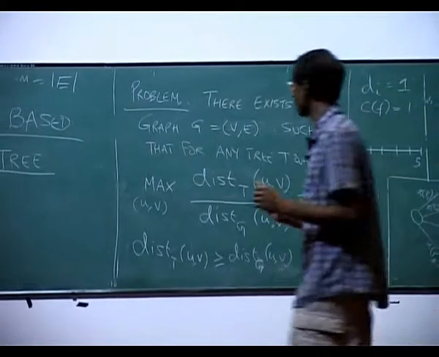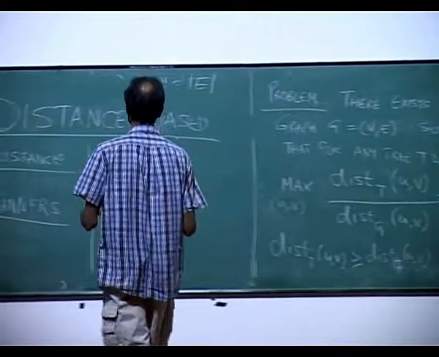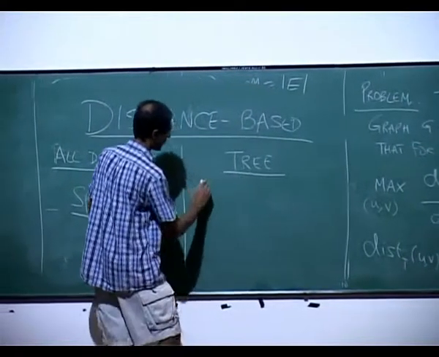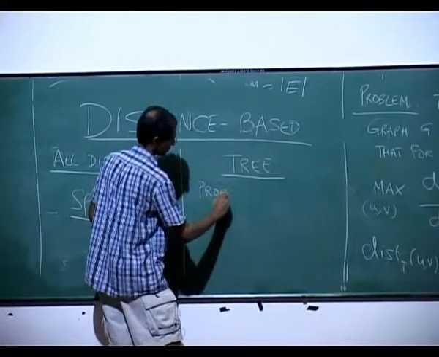So instead of that, what we're going to do is give me a distribution, a probability distribution over trees.